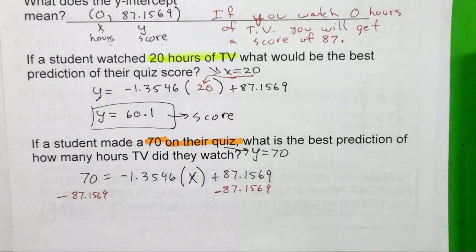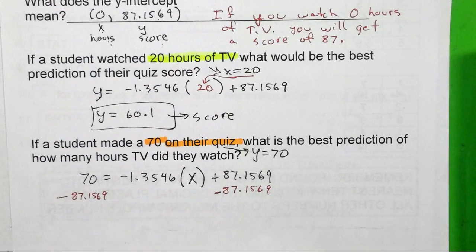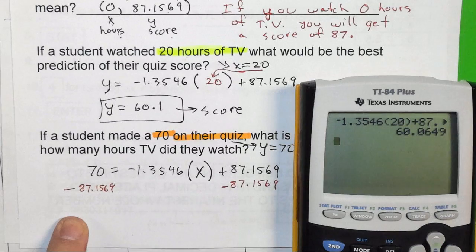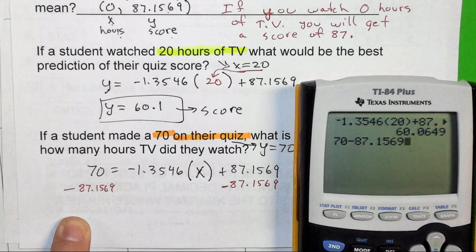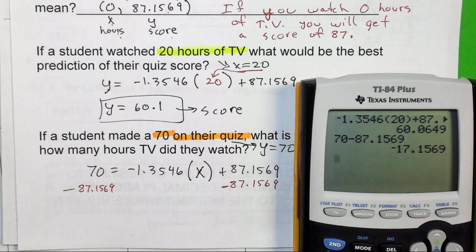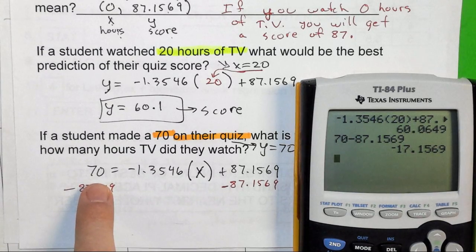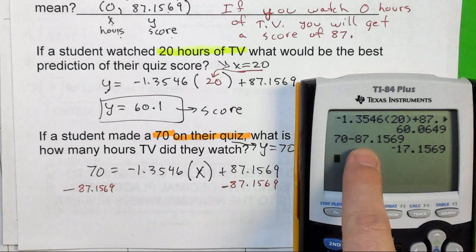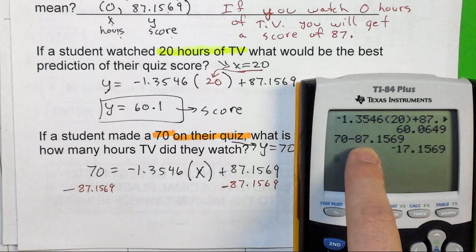And when we do that, whoops. What do we get when we do that? Has anybody done it yet? Minus, I think it's around 13. I got 12.66. Oh, I got 17. 70 minus 87, well, that's just going to be negative 17.